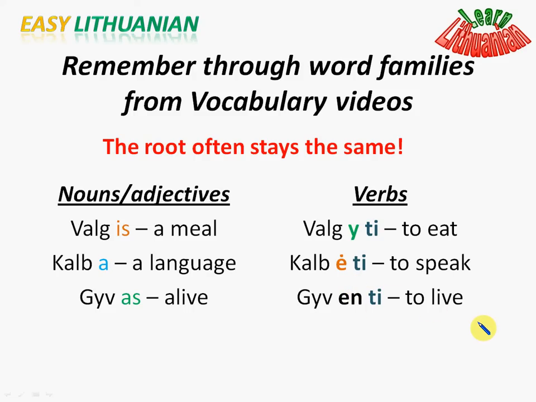The root can also change, but it often stays the same. So if you know these rules, those associations, I hope they will help you remember infinitives better and associate them in your mind.